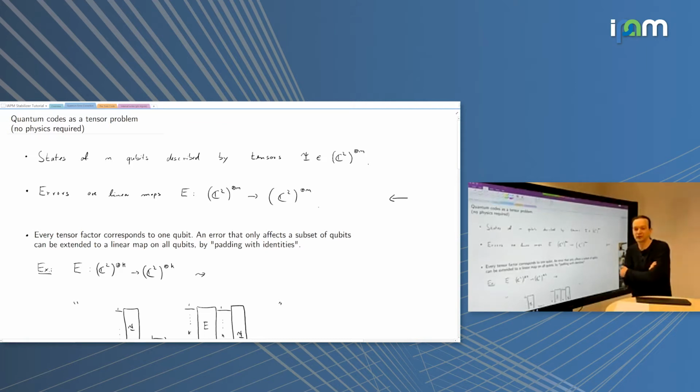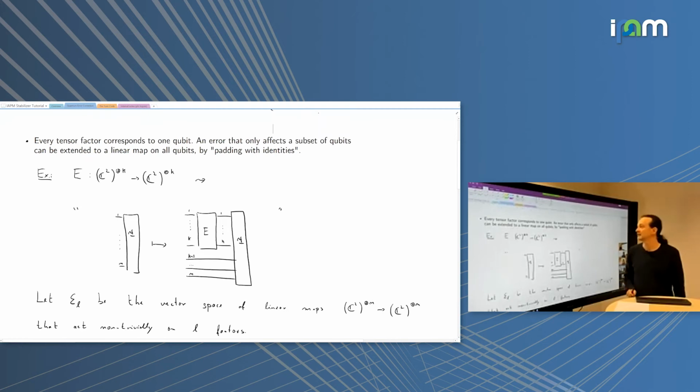And errors will just, as you anticipated, Adina, be linear maps E from this tensor product space back to itself. But now, before we required that errors are local, that they only affect L bits at the same time. And now I have to explain to you what this means in this tensor language. Every tensor factor corresponds to 1 qubit. And an error that only affects a subset of qubits is a linear map that only acts on a subset of factors.